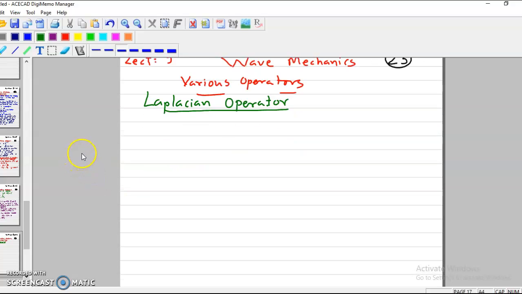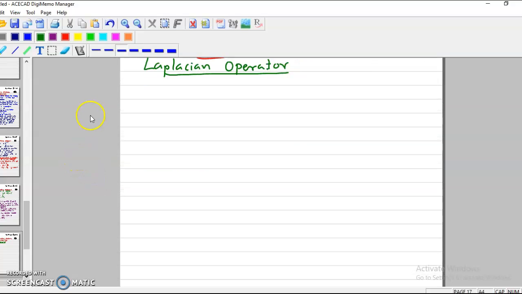Now we know what is the meaning of operator. Okay, so first of all I'll write Schrodinger's wave equation.